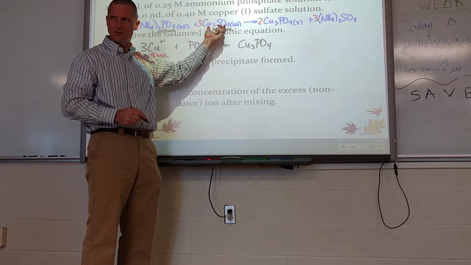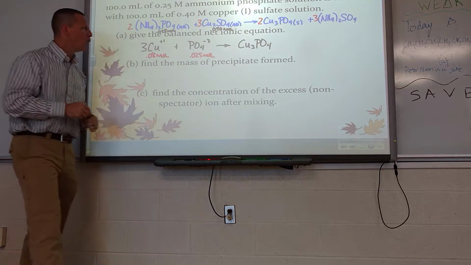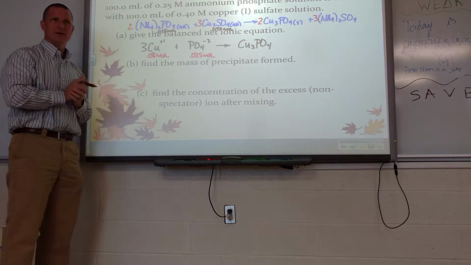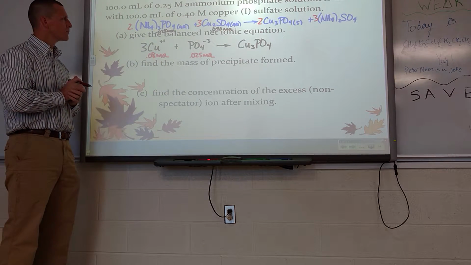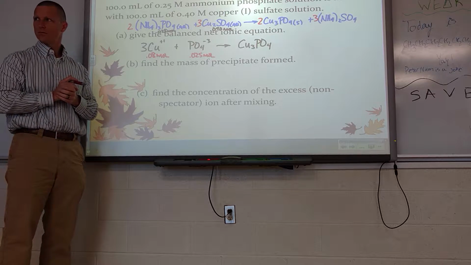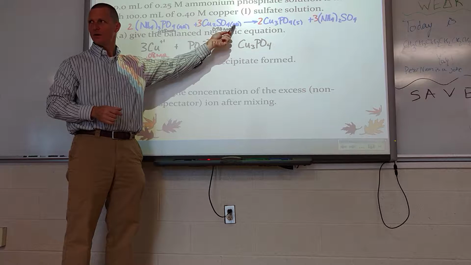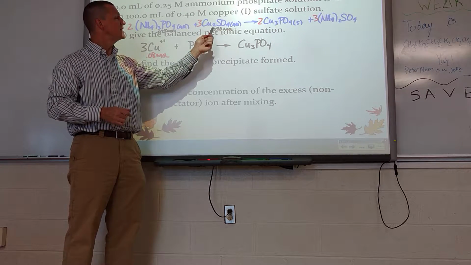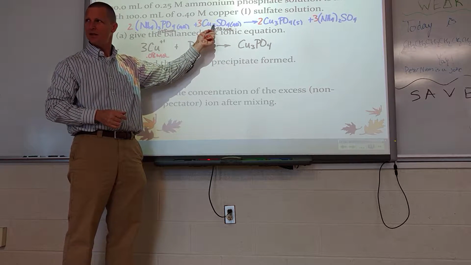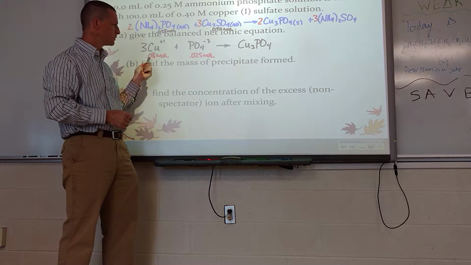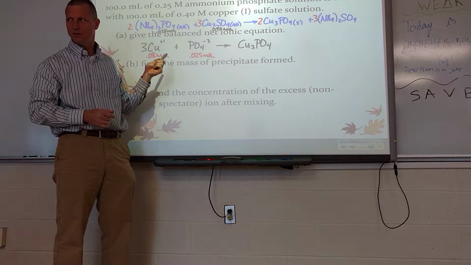Catch that? So either one is going to get you to the right limiting reagent. Yeah, again, this was 0.04 moles of the whole compound. But since every compound has 2 coppers in it, it's twice as many moles. Oh. 0.08.